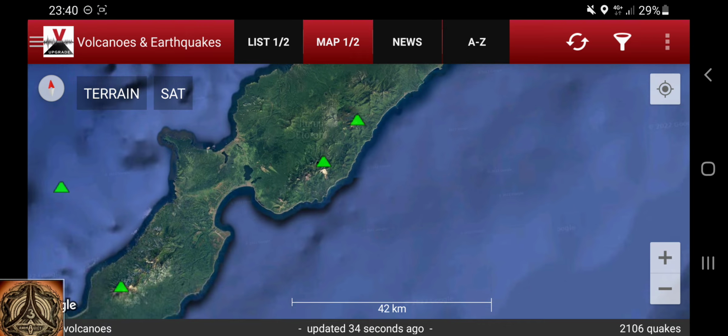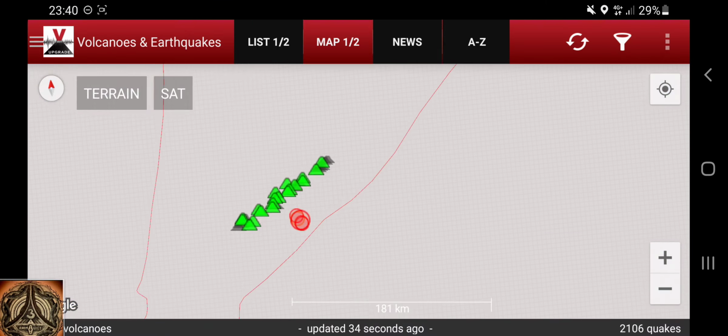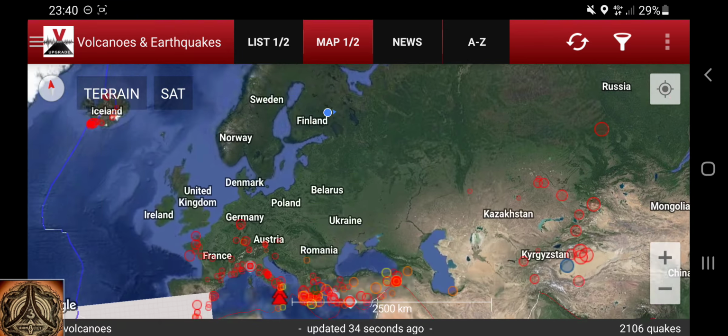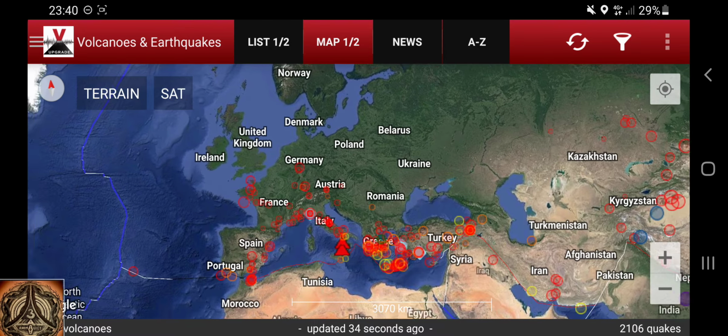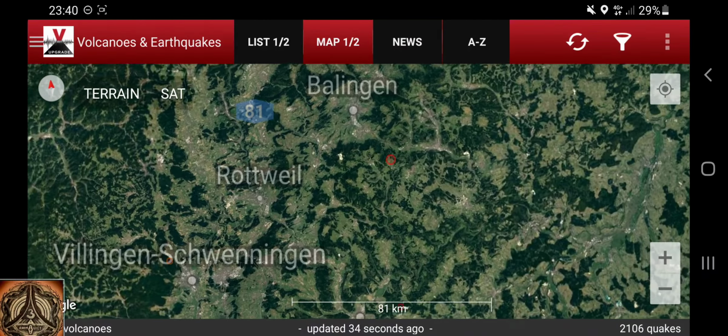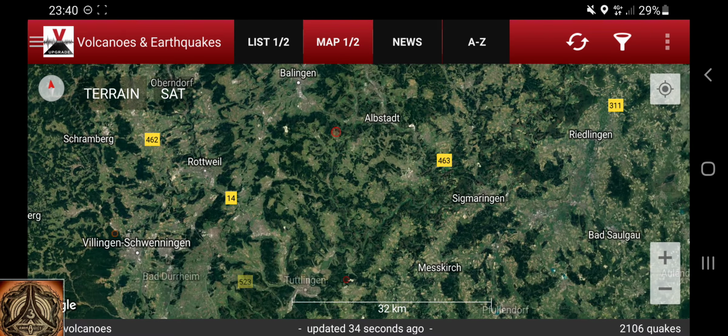Okay, that's whatever, Kamchatka or it is. Let's go back to Germany. Albstadt region. Okay, here's Albstadt on the right. And all the three quakes. One, two, three.